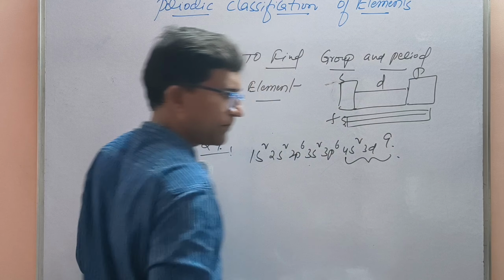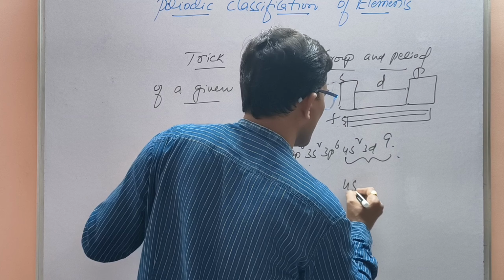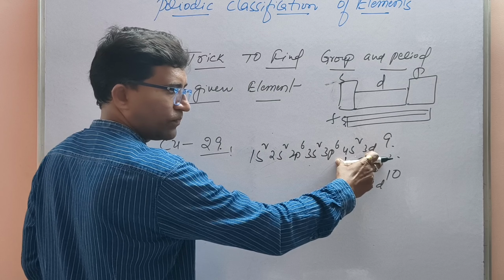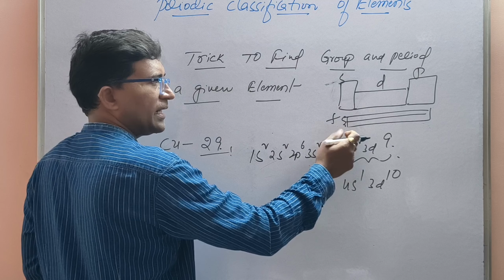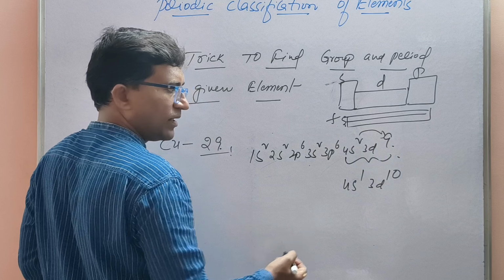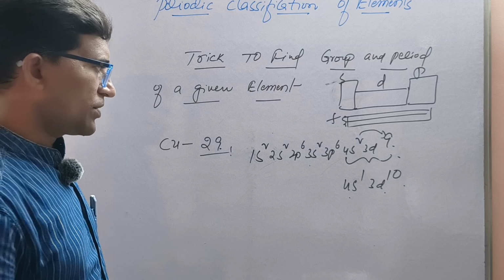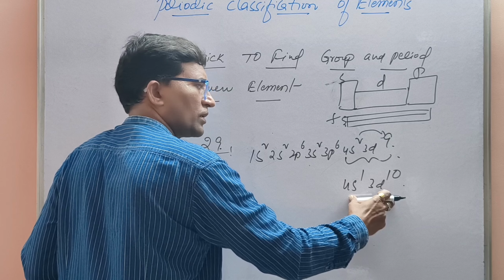4s2, 3d9. The stable form of configuration of this one we can write as 4s1, 3d10, half filled orbitals. 4s2 is fully filled now. I will make it half filled and I will promote one electron to the 3d level. It will become 4s1, 3d10. So that is the configuration. Now by seeing this, either this or this, both are the same.